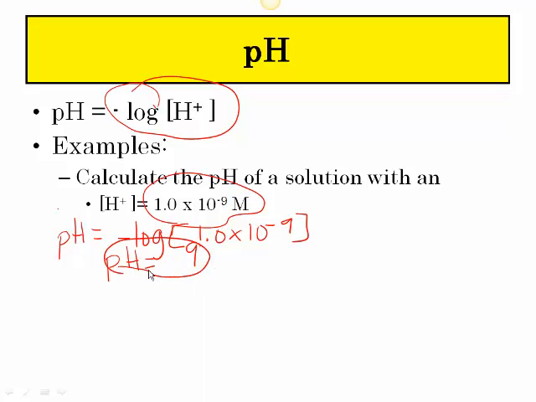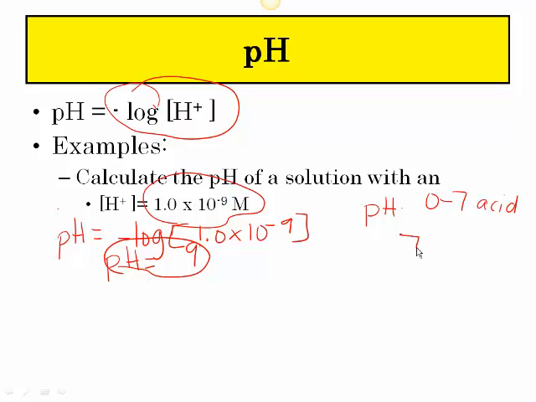Now, that tells you a lot about the solution. Like before, you could tell if it's acidic or basic or neutral by whether the hydrogen ion concentration was greater or if the OH concentration was greater. Well, here you can tell by the pH. If the pH is 0 to 7, then it's acidic.